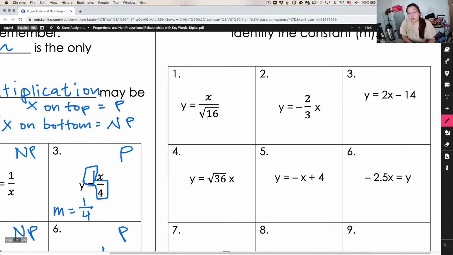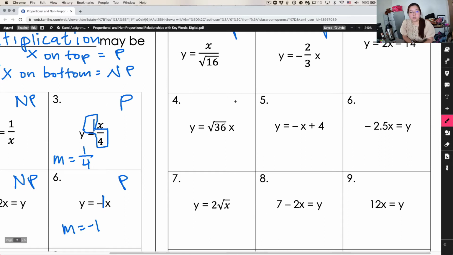Alright, did you pause? You worked on it? Number 1, x is on the top here. This is proportional. Number 2, this is proportional. Number 3 is non-proportional. Number 4 is proportional. Number 5, non-proportional.